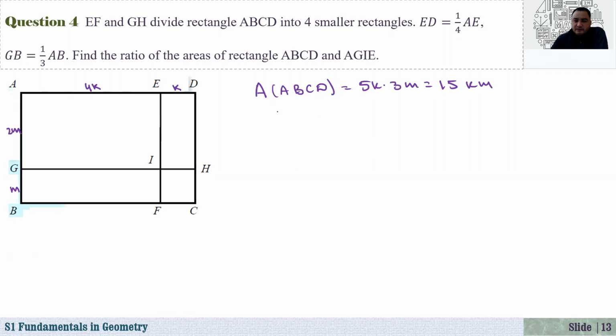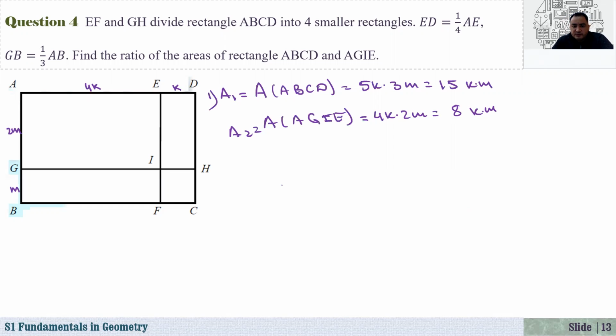And how about the area of AGIE? AGIE is again a rectangle, length times width. So that's equal to 4K times 2M, which is 8KM. Actually, this is K times M, not kilometers. So now let me label them A1 and A2.